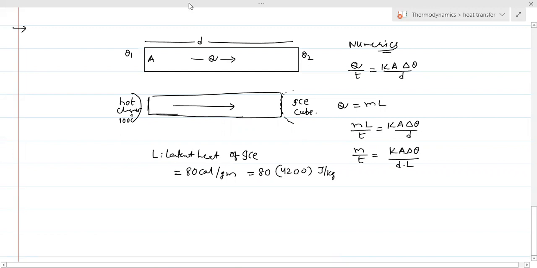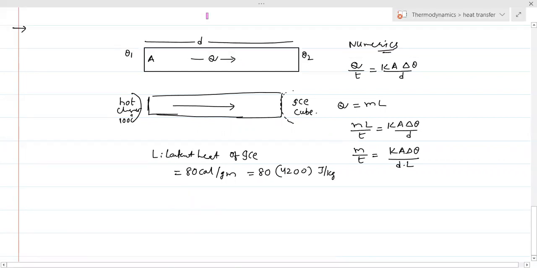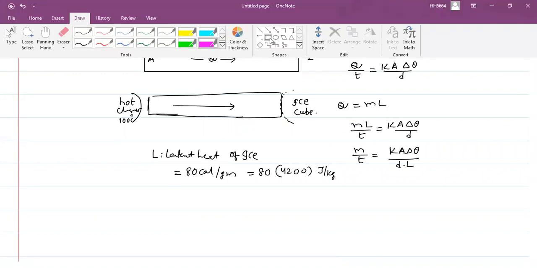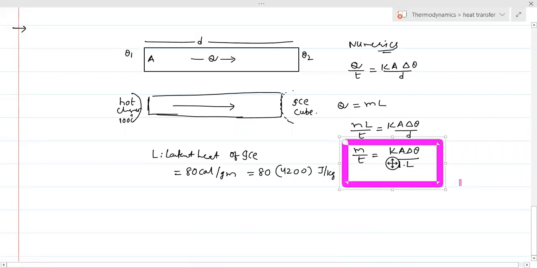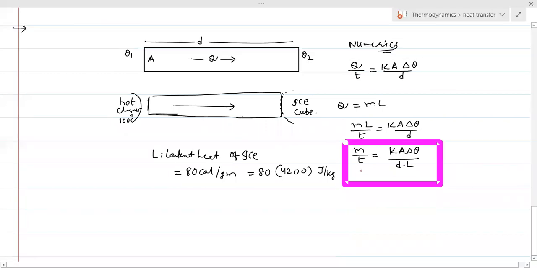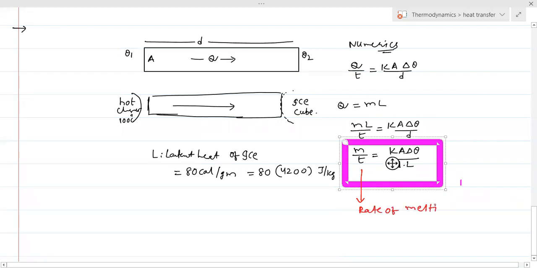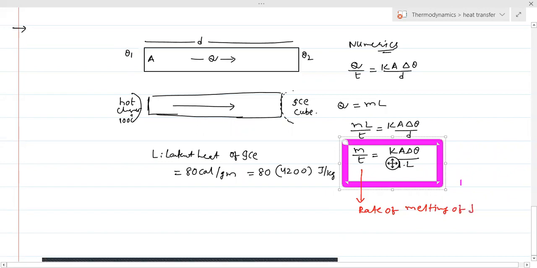This m by T is called the rate of melting of ice. We need to remember that.